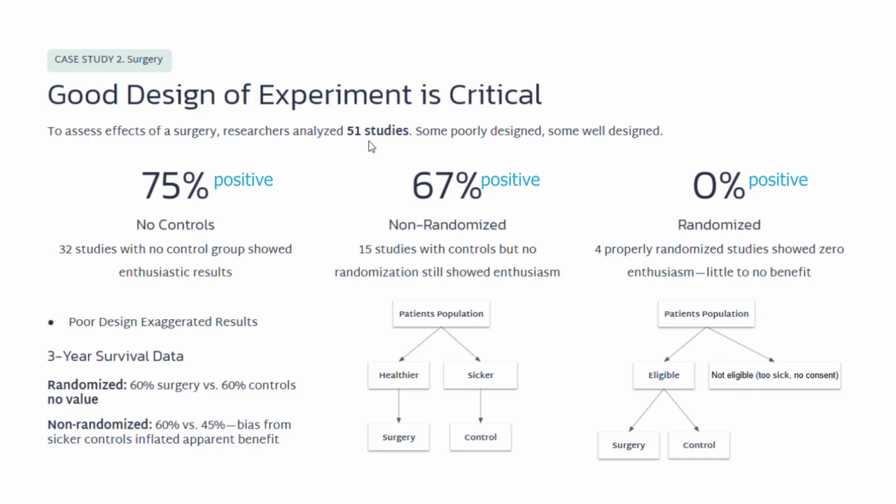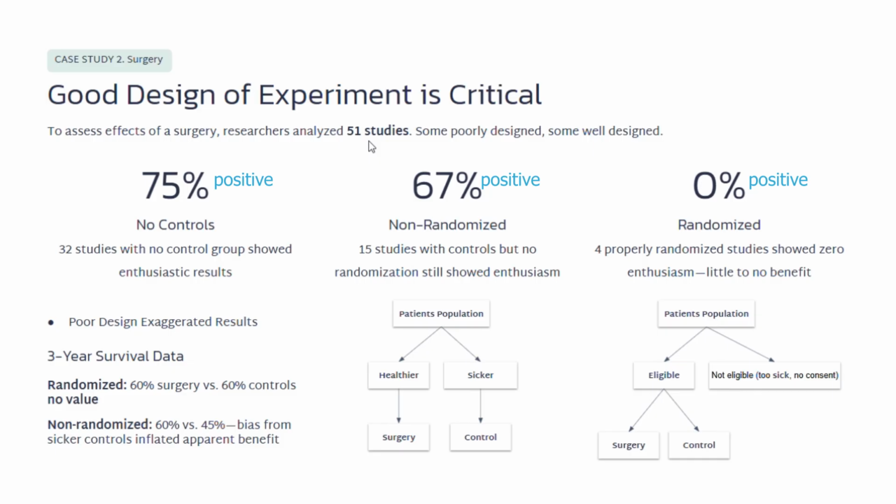For well-designed randomized experiments, 3-year survival for the treatment and control is equal. So 60% in the treatment group who had the surgery survived after 3 years, and the same is for the control group who didn't have the surgery. It was the same rate, 60% 3-year survival.